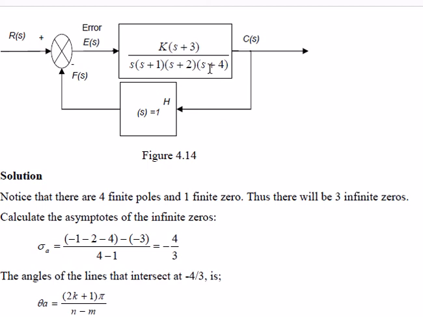So the number of poles we have 1, 2, 3, 4. So kita ada 4 points minus 1. So here we just have 3. So we get negative 4 divided by 3.